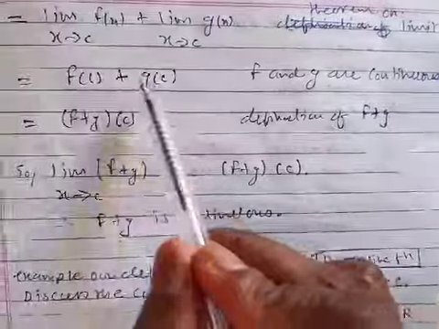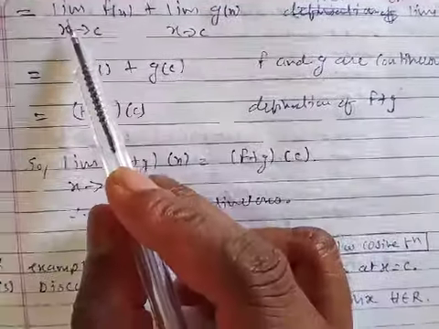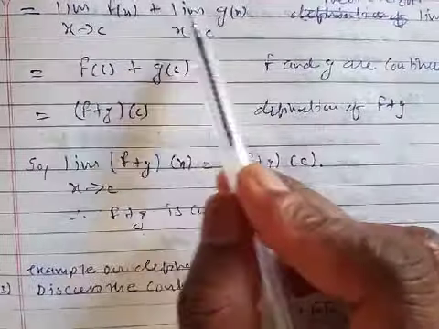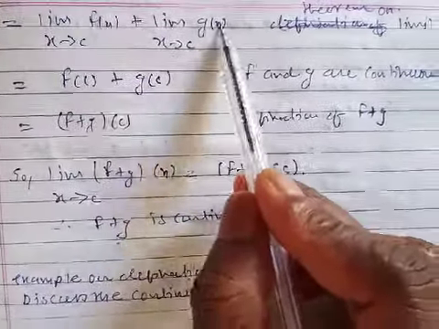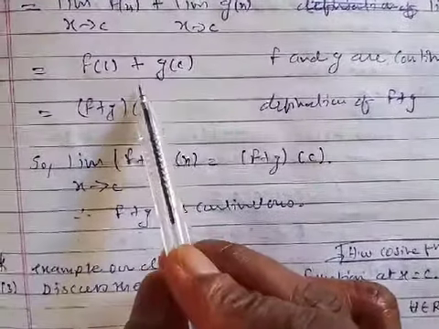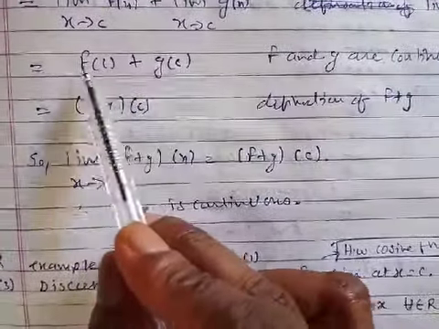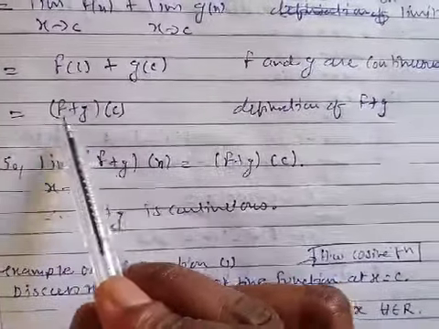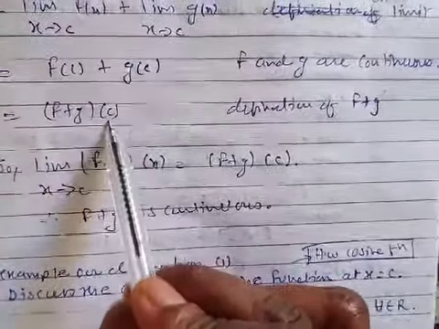Since f and g are continuous, we can write limit x tends to c of f of x equal to f of c, plus limit x tends to c of g of x equal to g of c. By the definition of f plus g, this can be written as (f plus g) of c.